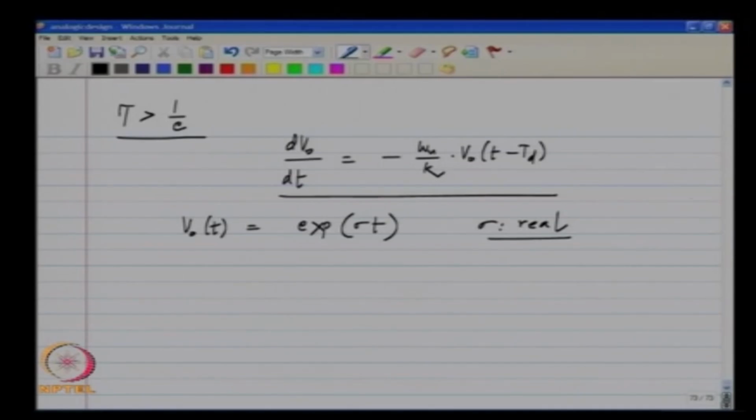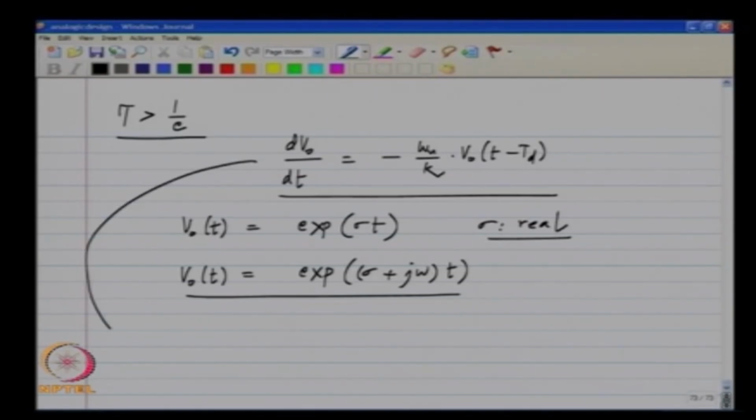That is what has to be relaxed now. We know that with a real coefficient in the exponent, we do not have solutions for tau greater than 1 by e. So, we have to have a complex coefficient, okay, and with this we can substitute into the differential equation.